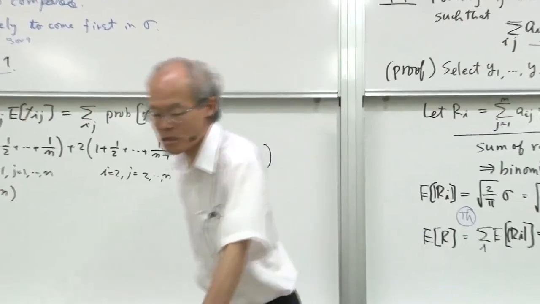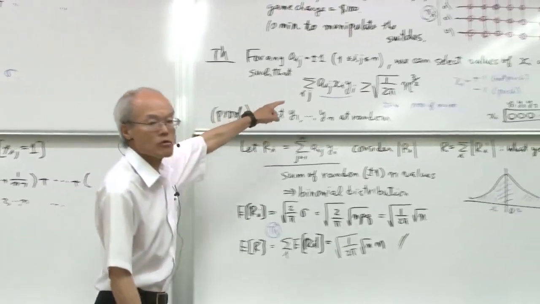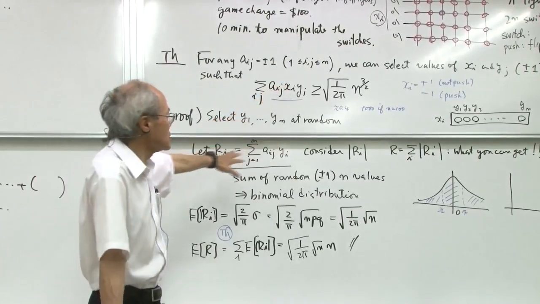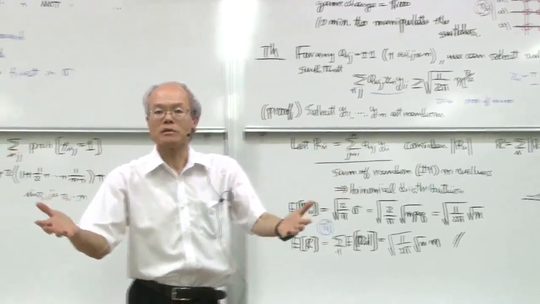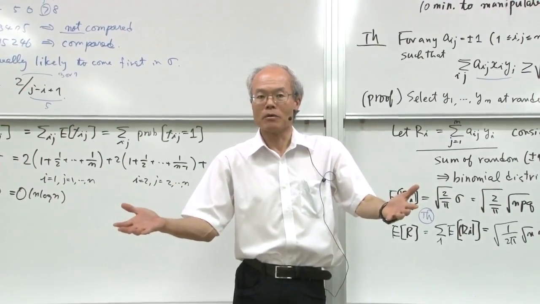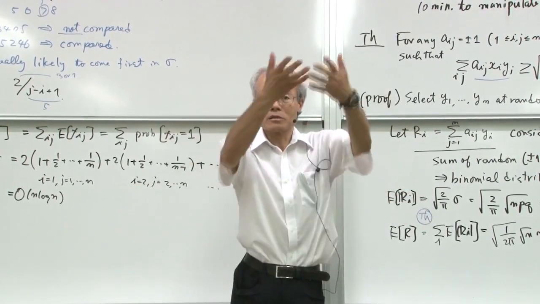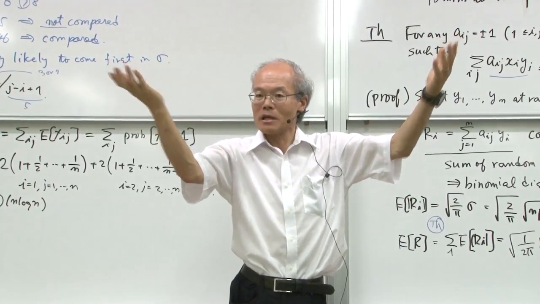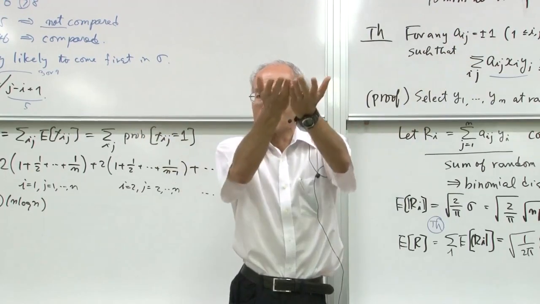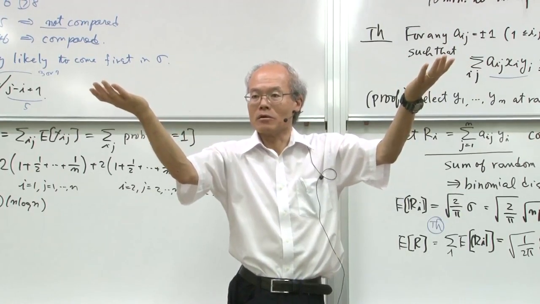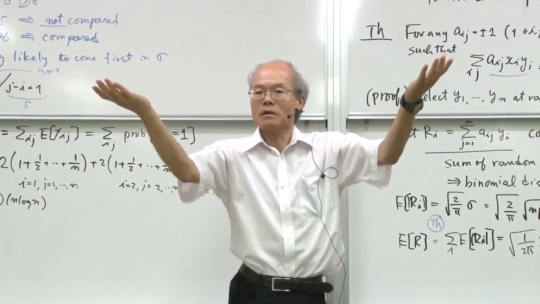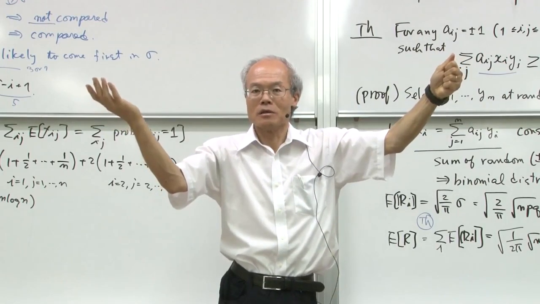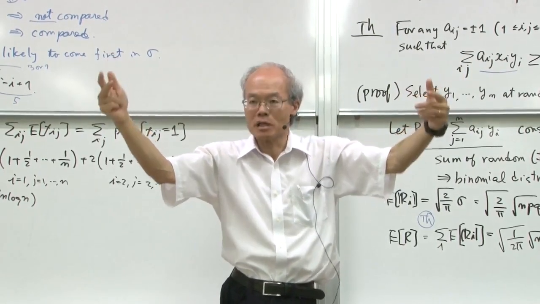I said that this theorem says nothing about your strategy. But in this proof, I gave you your strategy, and it is very simple. Just select y1 through yn at random. Then you look at each row. If the first row is plus, it's fine. The second row is minus, oh, no good, then you push the switch and change minus to plus.